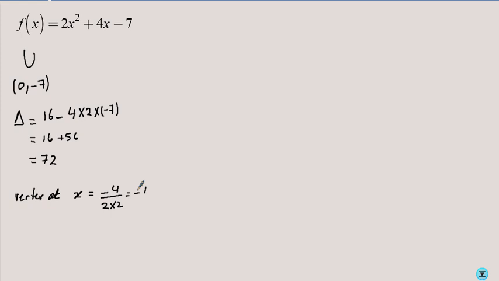So what is the y coordinate of the vertex? And that can be found out by calculating f of negative 1.